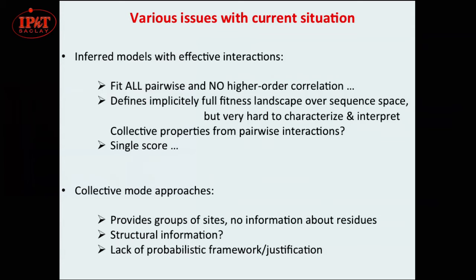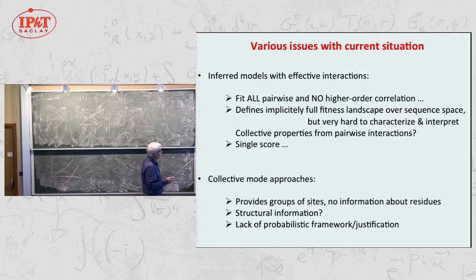Okay, so there are different problems with all these approaches. If we take the approach with the effective interaction, the pairwise interaction, I think obviously it's a very successful approach, but it has some conceptual problems. One of them is that mathematically, if you look at that probabilistically, the model means that you would like to fit all the pairwise correlations and no higher order correlations.